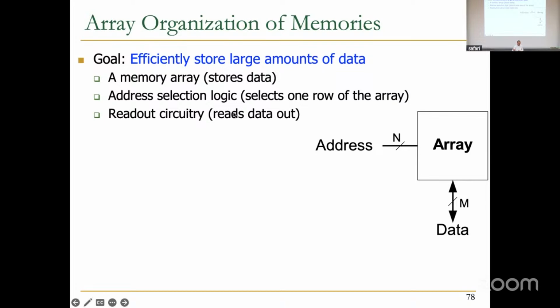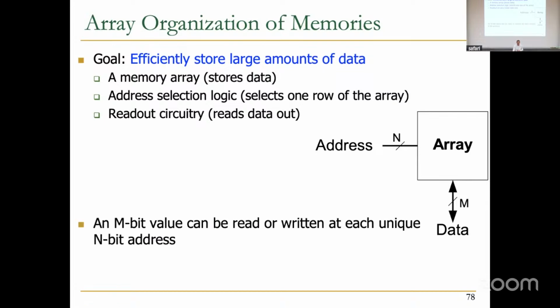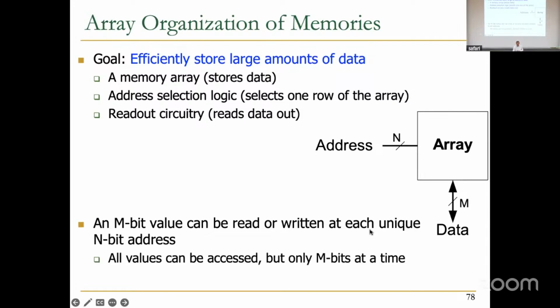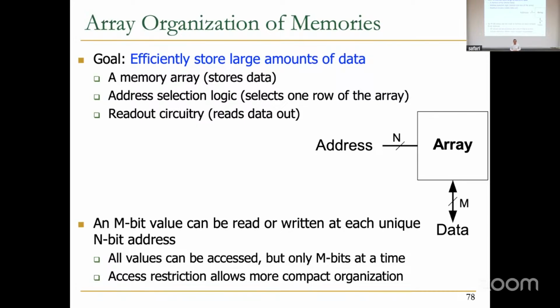And we're going to look at different types of memories, but the array structure is going to be the same across all memories. So the goal is to have an n-bit value, which can be read or written at each unique n-bit address. Right? Now, all values can be accessed, but only n bits at a time. So there's some access granularity also of memory. Access restriction allows more compact organization of memory because you don't access everything, essentially.